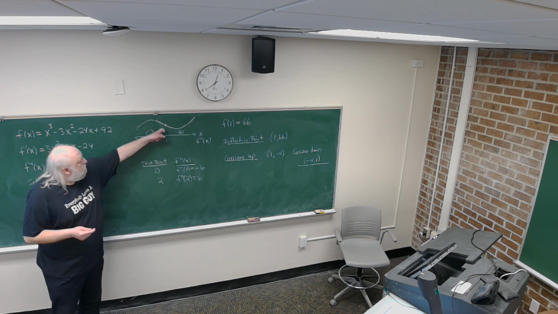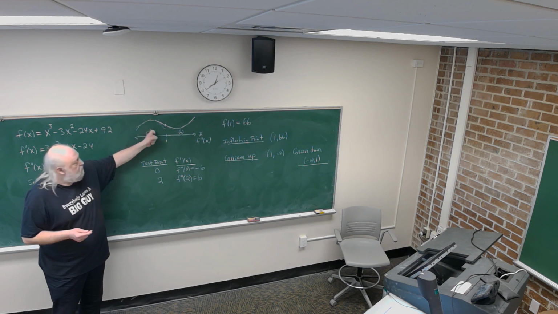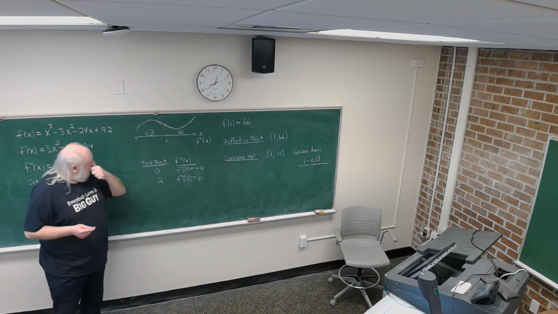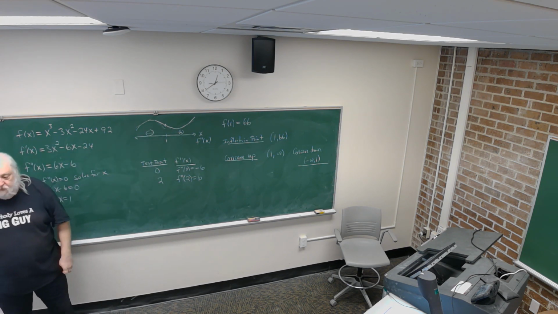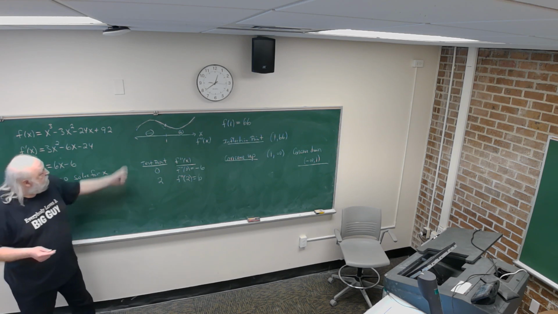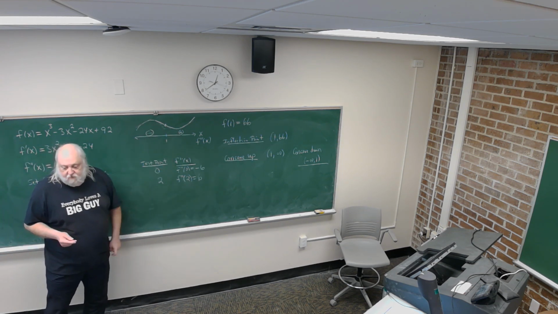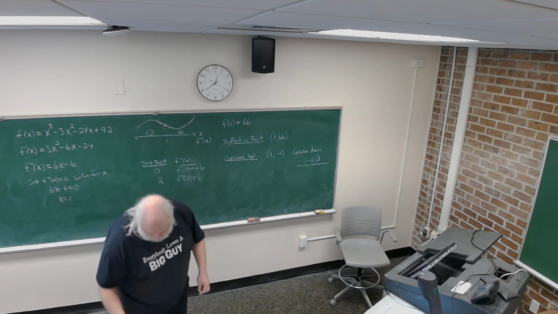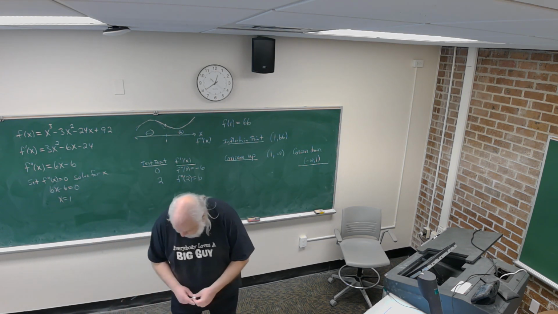It's got to be above the curve to the left of the point of tangency in this case, and it has to be below the curve to the right of the point of tangency, in order, from our definitions. That's a good question.